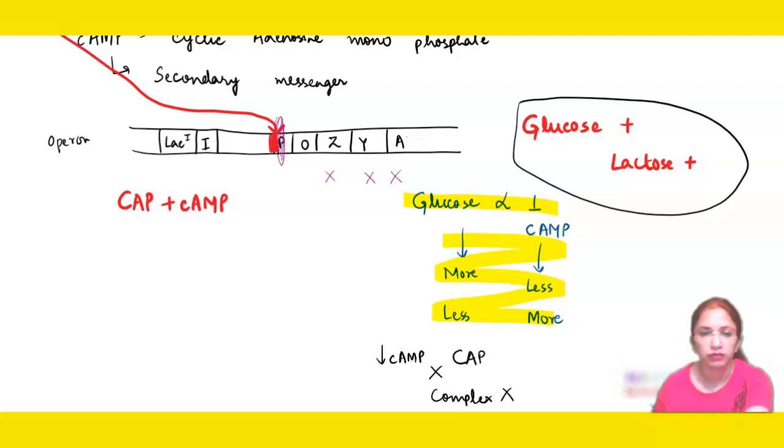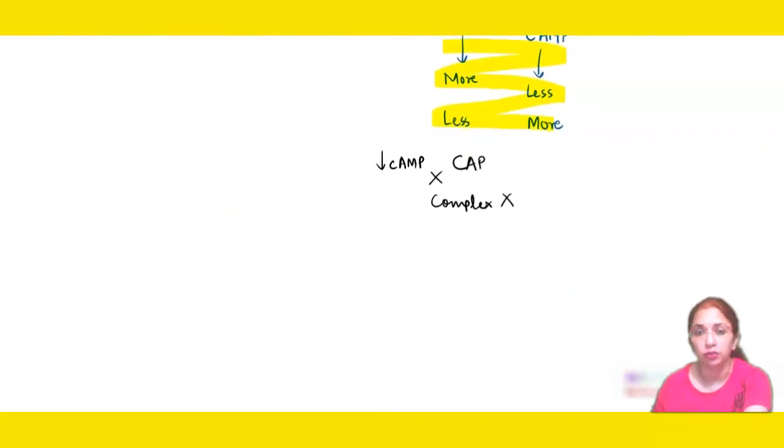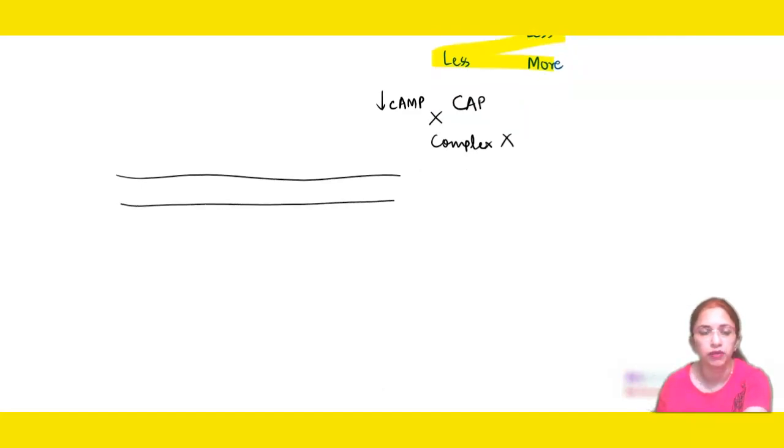Now we will see what is going to happen if glucose is not there and lactose is there. So again we will draw the operon. I am drawing just from here: promoter, operator, structural genes Z, Y and A, and the CAP site will be located somewhere here. So this is our CAP site. Now see what conditions we are giving.